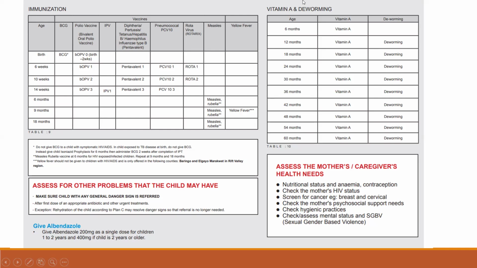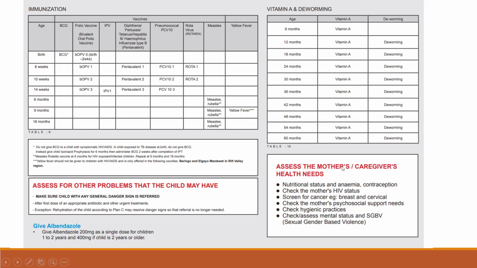And then you also offer the child vitamin A and deworming strategies. And you also assess the child for other problems that the child may have. So make sure that the child with any general danger sign is referred after the first dose of an appropriate antibiotic and the urgent treatment. So you will not refer a child without giving any referral treatment.